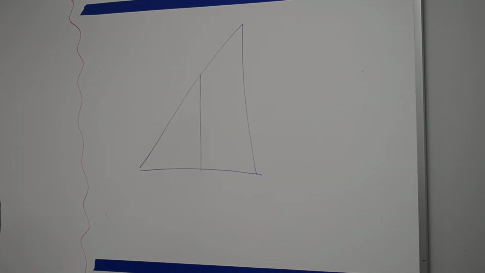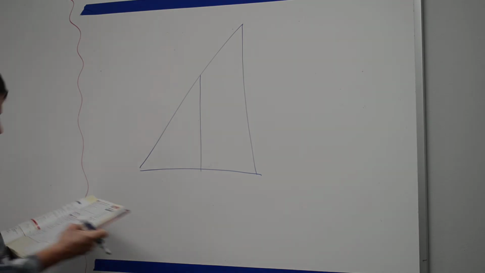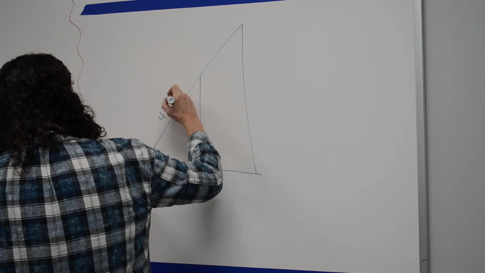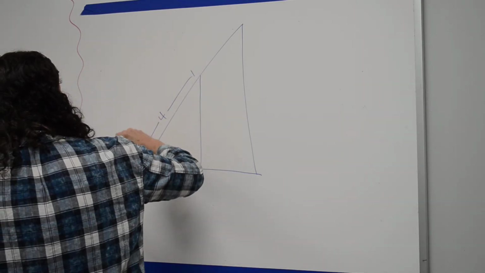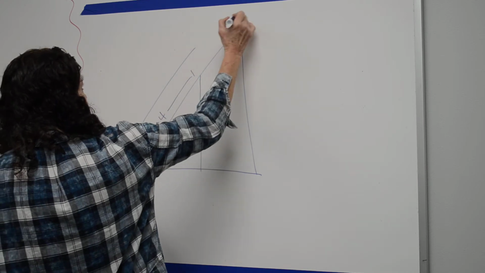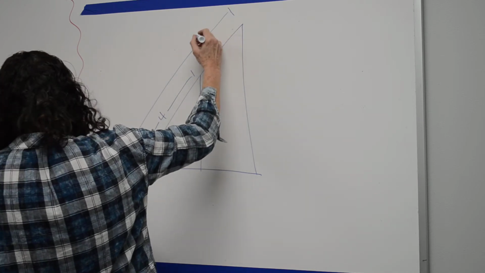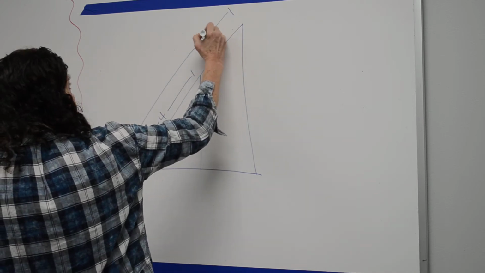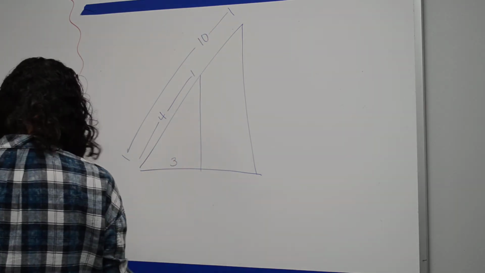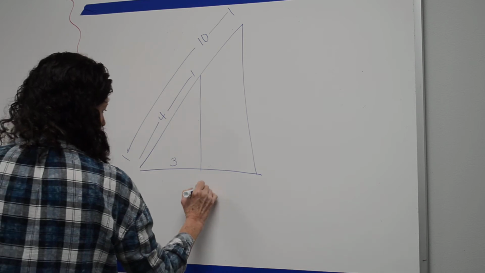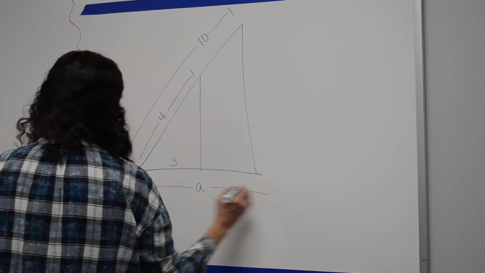Not necessarily drawn to scale, but from here to here is 4. And that whole distance from here all the way to here is going to be 10. And down here is 3. And I want to know that whole distance across here.